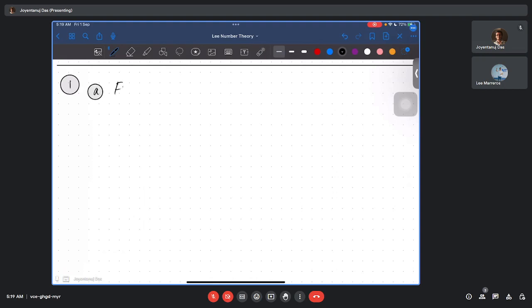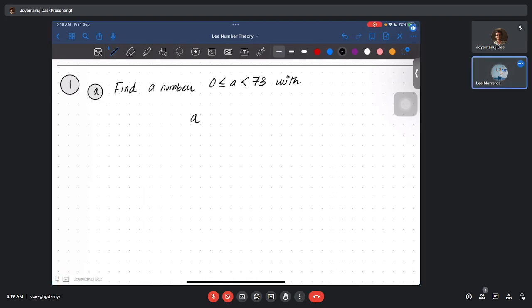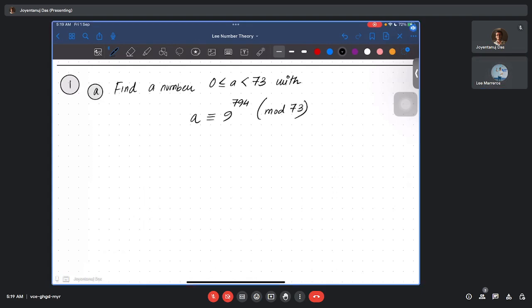So find a number that is between 0 and 73, strictly less than 73, with a power of, so a is congruent to 9 power of 794 in modulo 73. So basically, we have to find 9 power 794 in modulo 73.